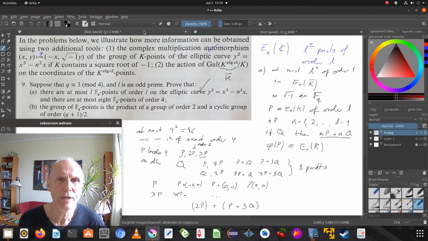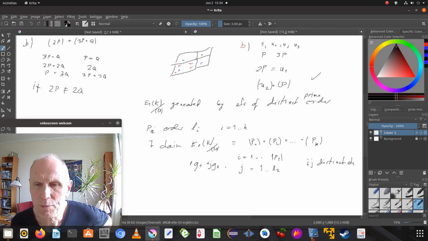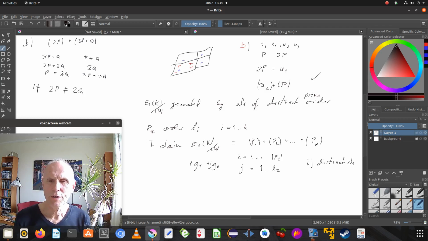Oh, I need to make a generator. It should be a cyclic group, not just a group. So the point is that I want to show that G1 plus G2 is a generator.